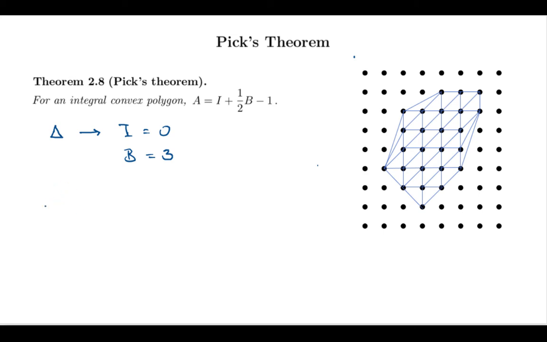Then what we need to prove, if Pick's theorem is supposed to hold, is that for any such triangle, the area is 1/2. I claim this is an exercise, and in fact, it's one of the exercises that was in chapter 1.